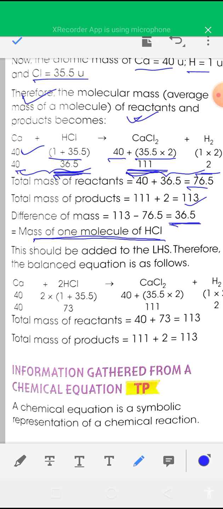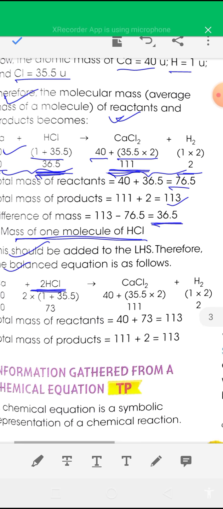So you have to add 1 HCl molecule on the left side to make the total mass of reactants and products equal. To balance this chemical equation, you have to write 2 HCl, not 1 HCl. After multiplying HCl by 2, the equation becomes Ca + 2HCl → CaCl2 + H2.